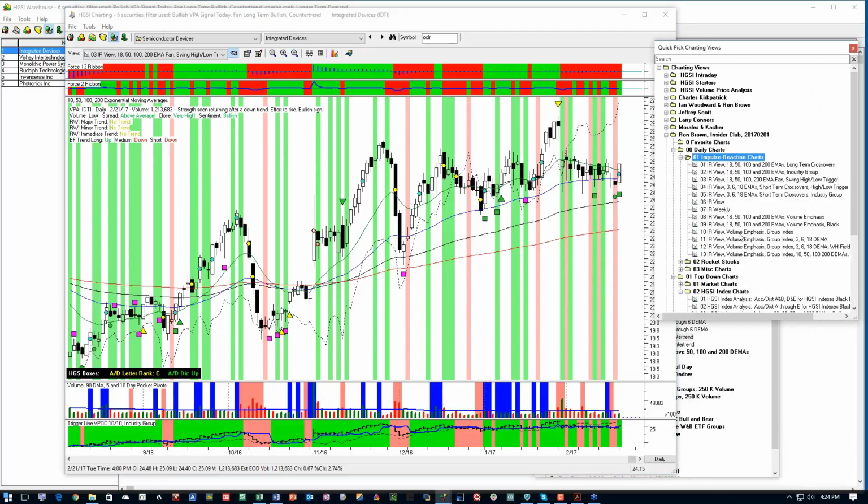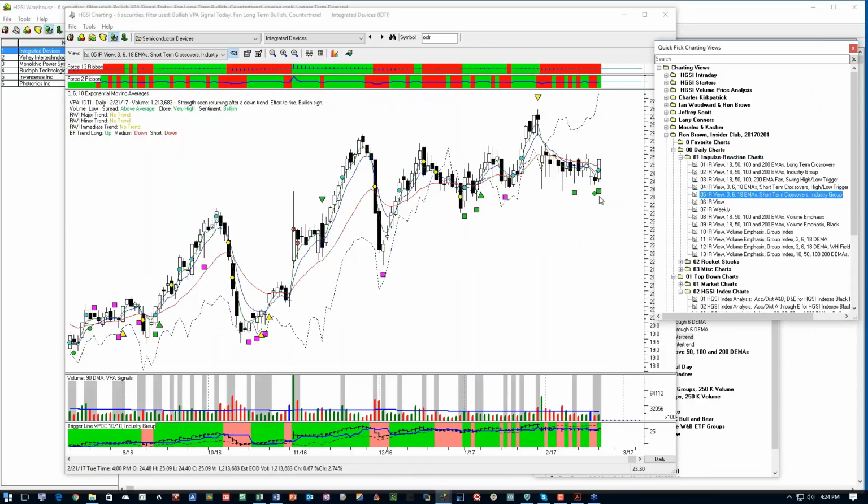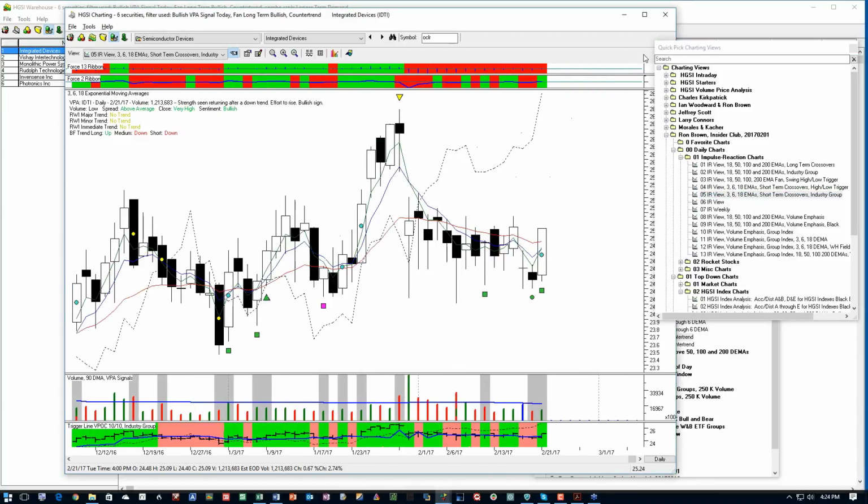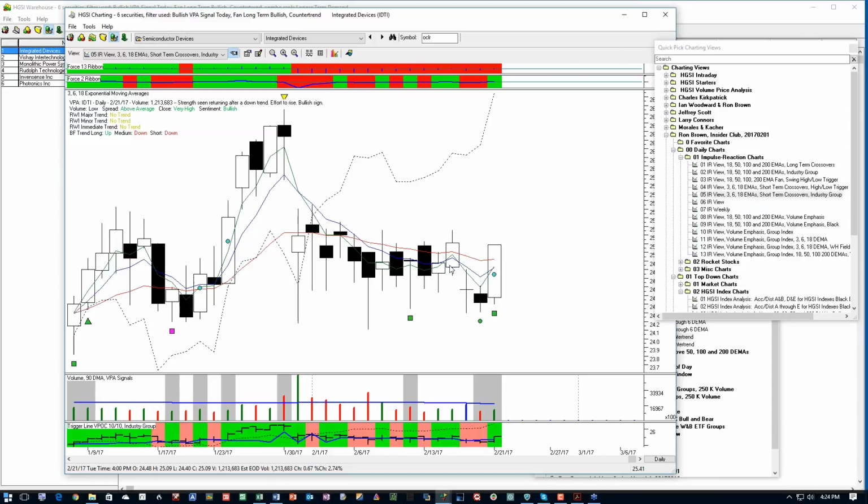So I'm going to go down here to this, and I'll zoom in on this. And if you look closely, you can see that, well, it's hard to see. So I will zoom way in. The 3 is the green line that's down through the 6, which is the blue line, and they're both below the 18, but the 18 is not factoring into this.